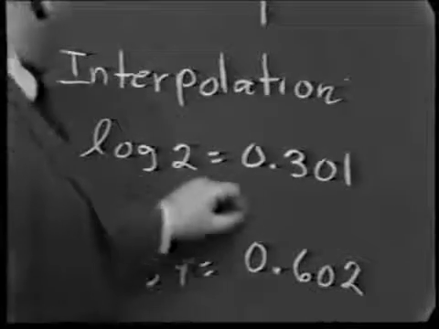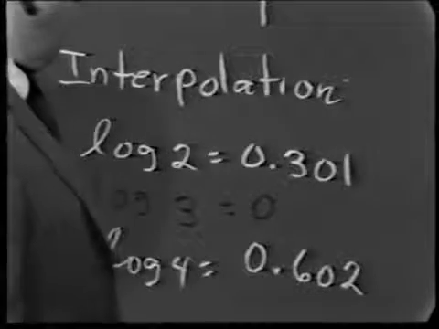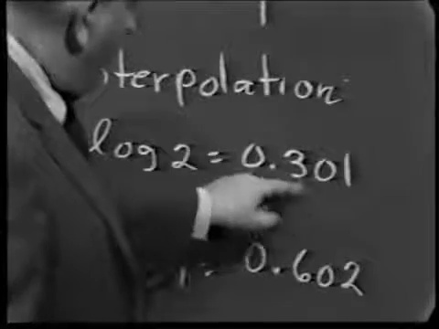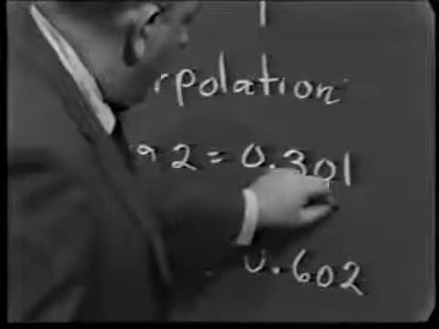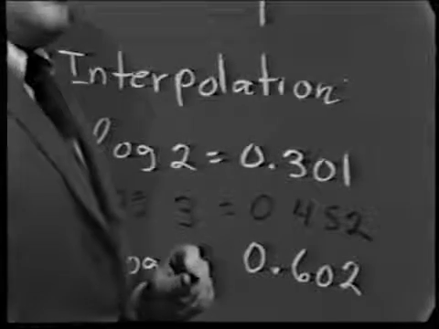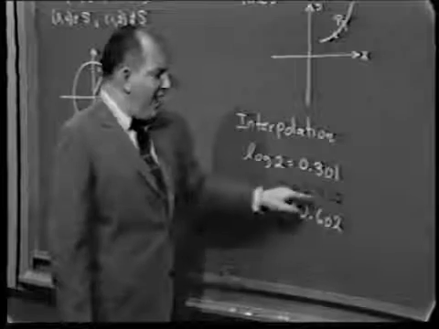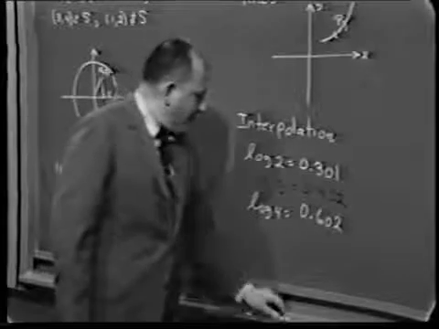Therefore, I would suspect that the log of 3 is halfway between the log of 2 and the log of 4. And so halfway between here would be about, what, 0.452, roughly speaking. All of a sudden, the obliteration on my book clears up, and I look, and I don't find 0.452.